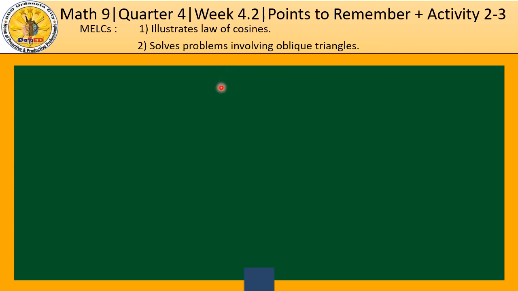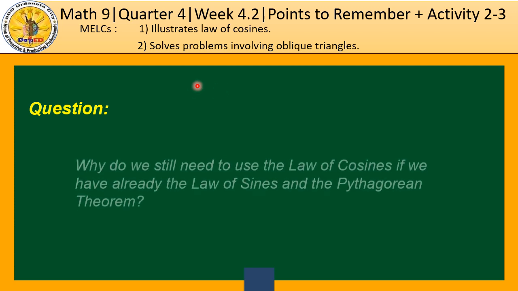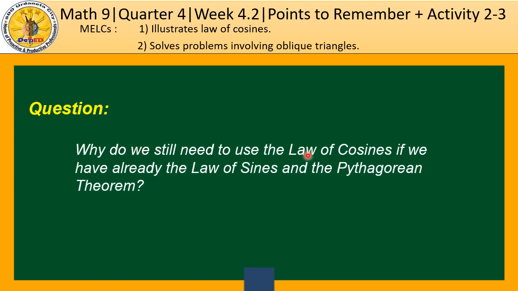Okay, so let me start the discussion with a question. Why do we still need to use the law of cosines if we already have the law of sines and the Pythagorean theorem?